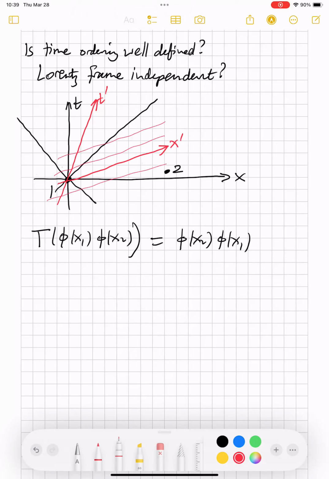So in the primed frame, you see, event 2 is earlier than event 1. So this is in the frame t, x, but this is in the prime frame.